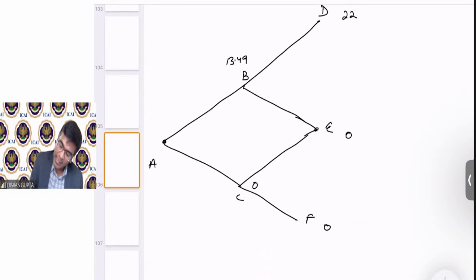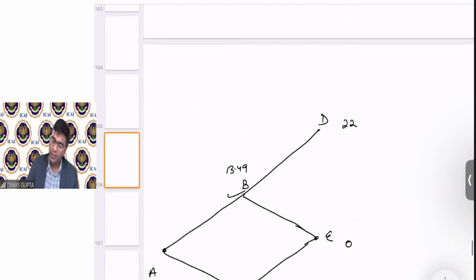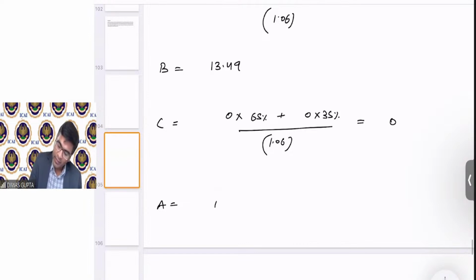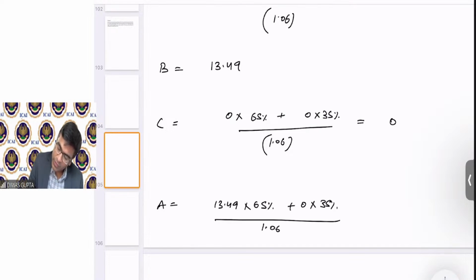Now ultimately, A's value will be B's value and C's value multiplied by their respective probabilities and the present value of it. Okay. So A will be 13.49 into 65% plus 0 into 35%, divided by 1.06, which is actually 8.272.